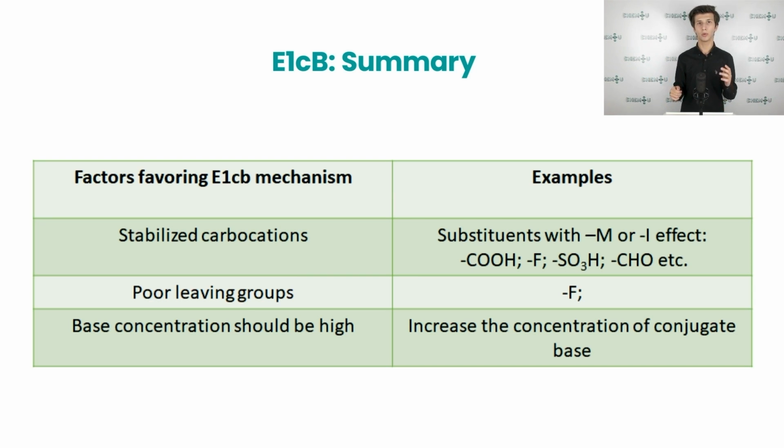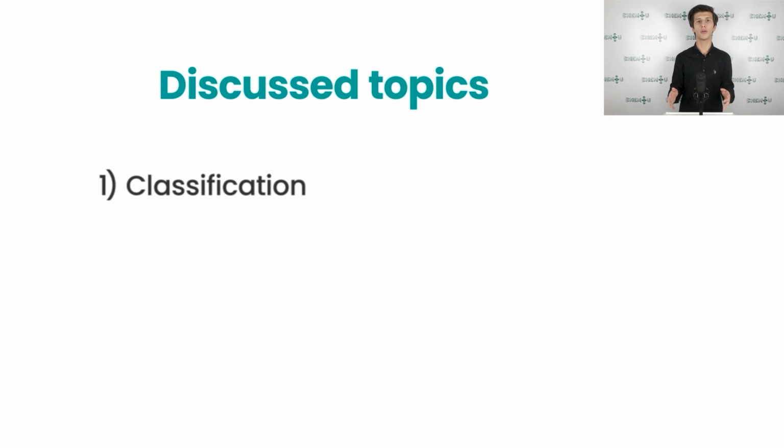Let us make a small recap of what we have learned. We have begun with the classification of eliminations and supported them with examples. Then we have defined the elimination reaction and proceeded further with a thorough discussion of the most important elimination mechanisms, which differed in the timing of the C-X and C-H bond cleavages.